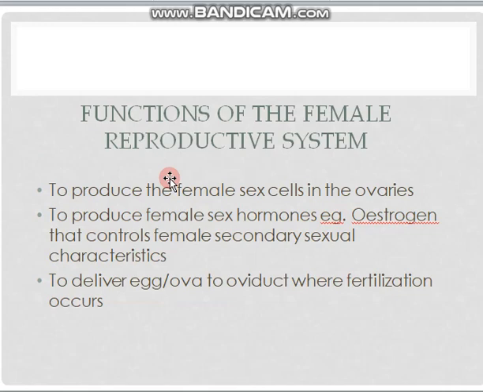To produce female sex hormones, for example estrogen, which is responsible for the control of female secondary sexual characteristics. The last but not the least, to deliver egg or ova to the oviduct where fertilization takes place.